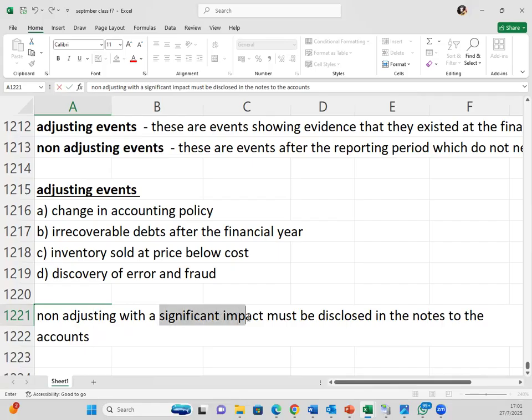So them being significant, it means they are affecting the nature of the business or the performance of the business, or it could be the going concern of the business, such as the warehouse being destroyed.